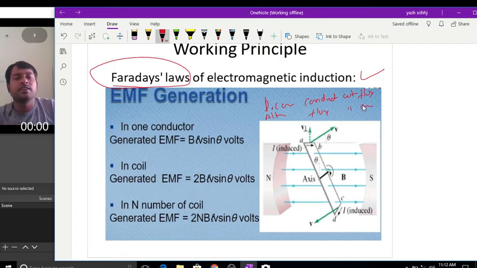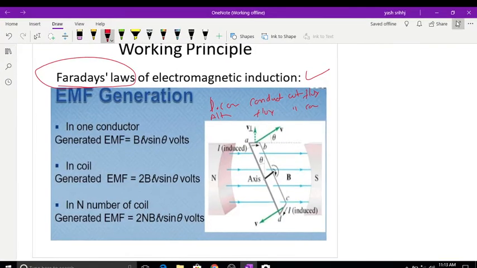That is a difference. But Faraday's law explains that whenever conductor cuts the flux or flux cuts the conductor, either case is possible. That is called Faraday's laws of electromagnetic induction.